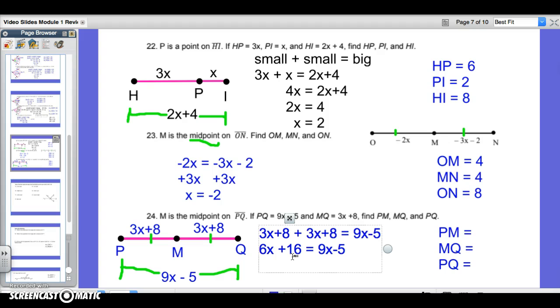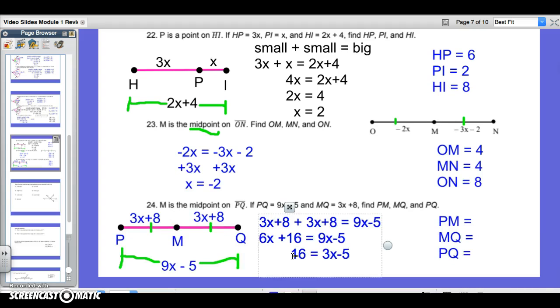Subtract the 6x from both sides. I'm going to get 16 is equal to 3x minus 5. Adding the 5 over, I'm going to get 21 is equal to 3x. And then divide both sides by 3, and I'm going to get x is equal to 7. So x is equal to 7.